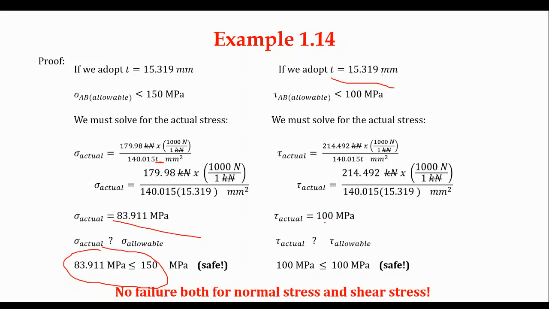So, ang actual stress is 100 megapascal, and 100 megapascal is still pasok sa allowable na 100 megapascal na stress. So, safe siya sa shear.